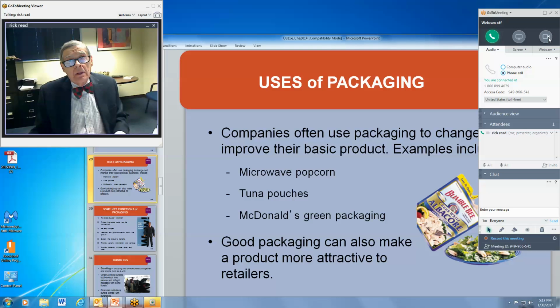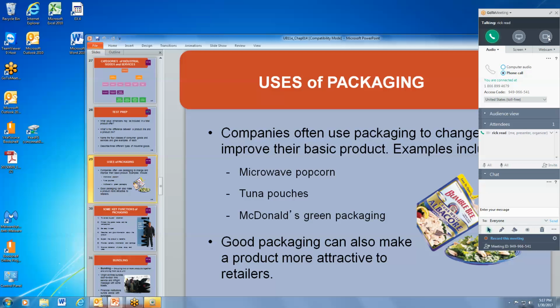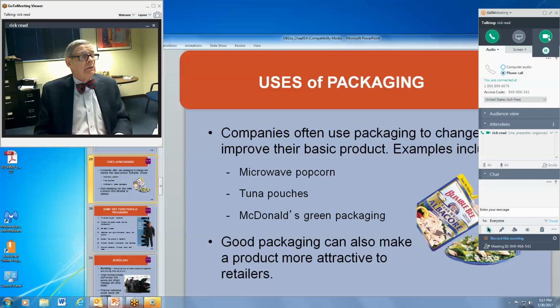Now, we come into, at least to me, a very interesting area, a topic that we really don't think about, and that is packaging. We think of packaging as just, oh, it's there, and we don't pay attention to it. But packaging actually, in some respects, attracts us.